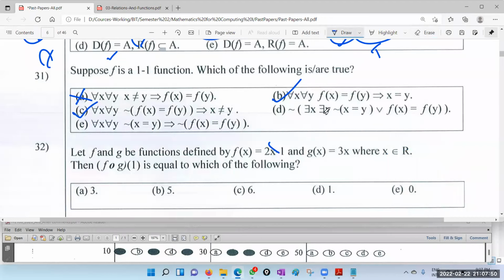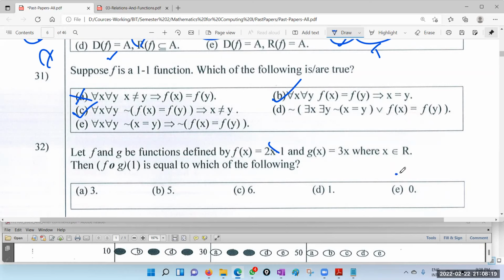Exist x, exist y, not x equal y, or fx equal fy. What is that? And again, there's a not also. Not x equal y or fx equal fy.